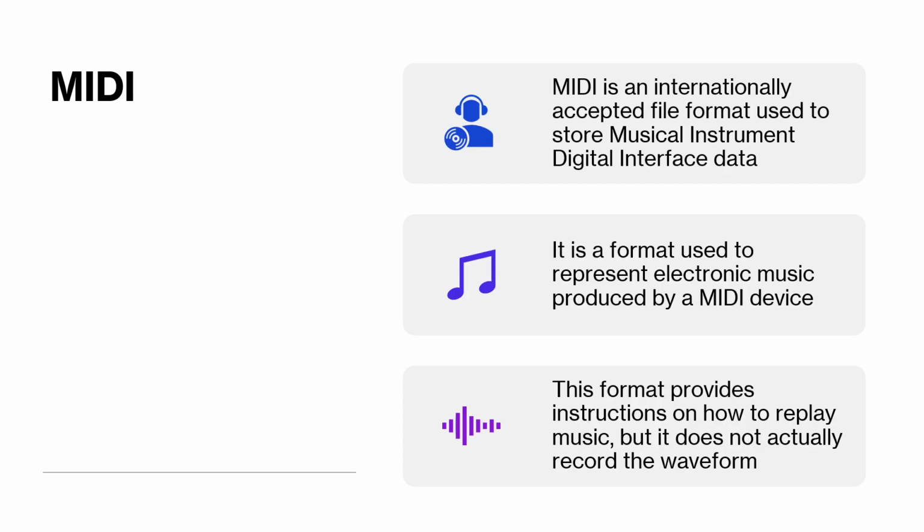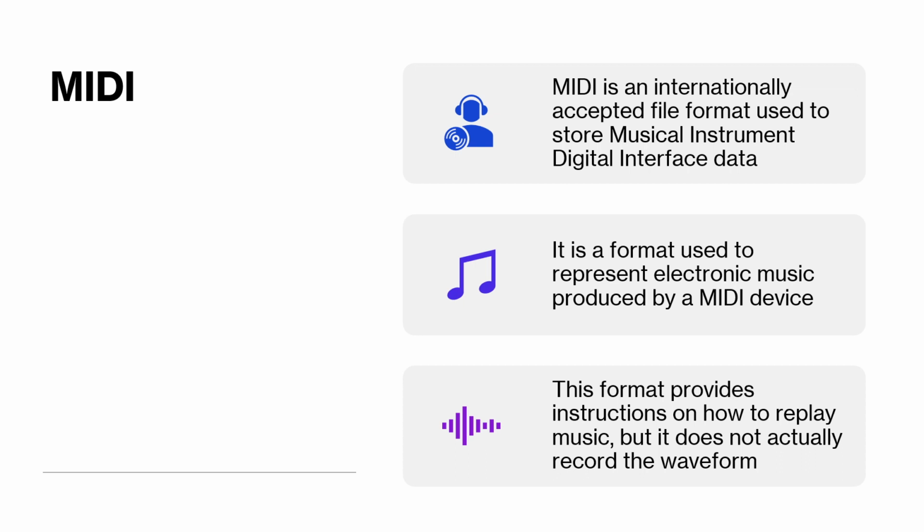MIDI is an acronym for musical instrument digital interface. It's an internationally accepted file format used to store musical instrument digital information data, and it is a format used to represent electronic music produced by MIDI devices.